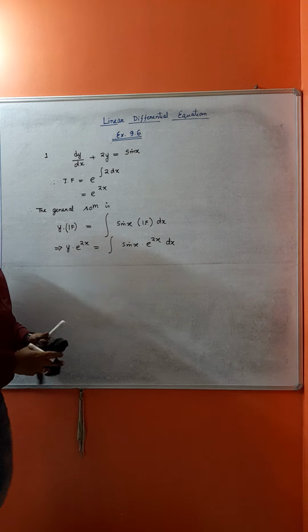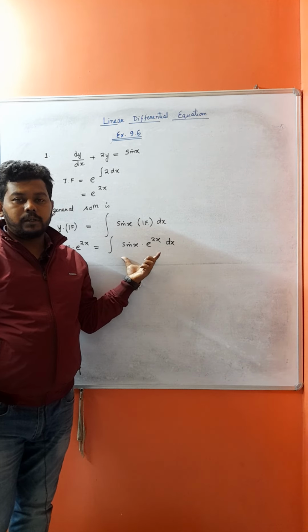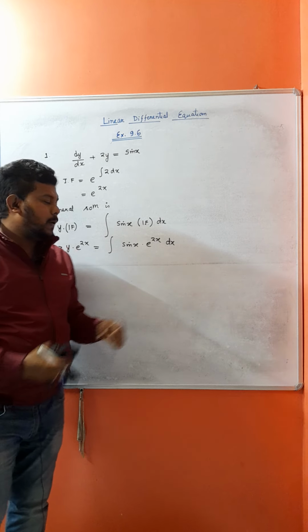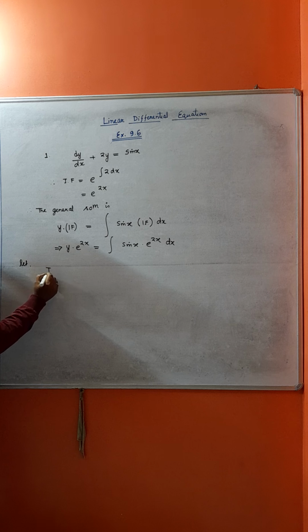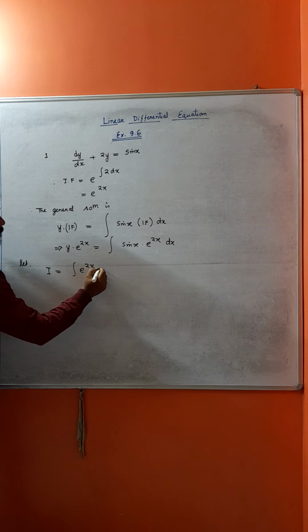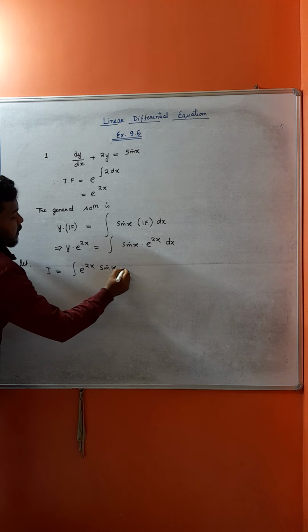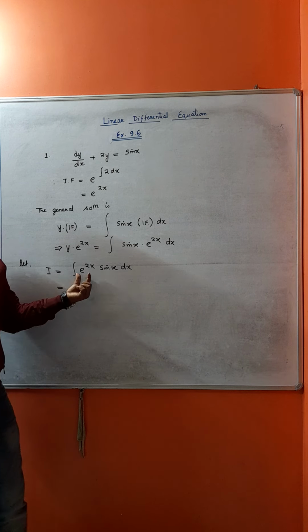Now we need to integrate this using by parts. So let I is equal to integration of e to the power 2x into sin x dx. Now using by parts, this is a product of two functions.